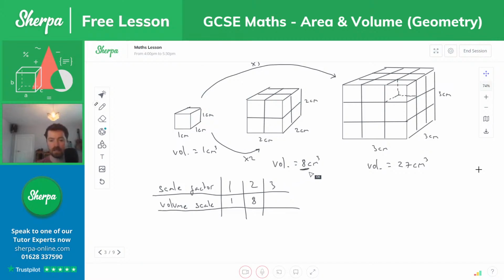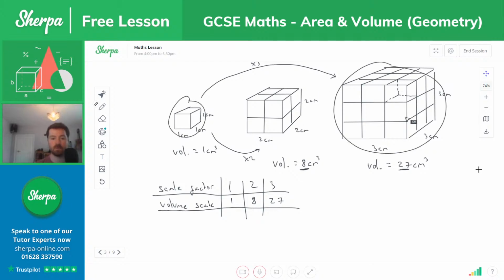We have that 8 there, and for a 3x linear scale factor, we end up with a 27 centimeter cubed volume. So we're going from a 1 centimeter cubed for our small cube up to a 27 centimeter cubed for our larger cube. And hopefully you can spot the pattern.